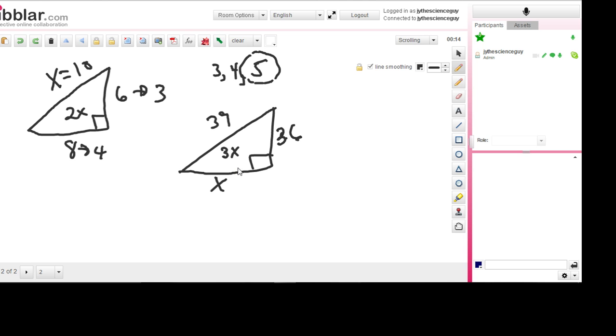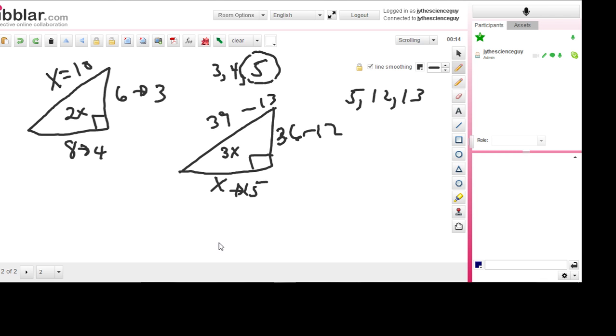So we write 3x there, because this triangle is going to be multiplied by 3 times, so 12 and 13. So this is 12, and that's 13. And so what would this side be? The triple is 5, 12, 13. What number am I missing? 5. So what would, 15. So this would be 15.